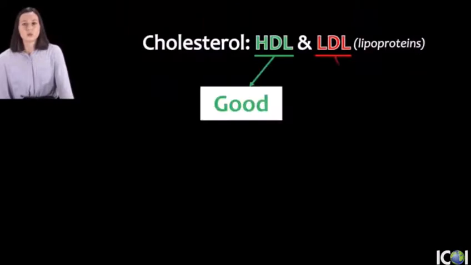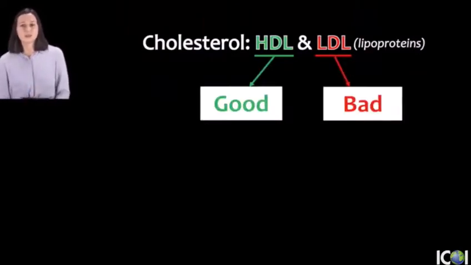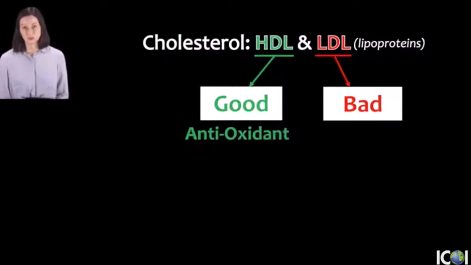What is the cholesterol? We have two types of lipoproteins, the HDL and the LDL. The HDL is named good. Why? We didn't randomly stamp them. HDL is a good cholesterol because it's antioxidant. And the L is bad. Why? Because it's oxidant.